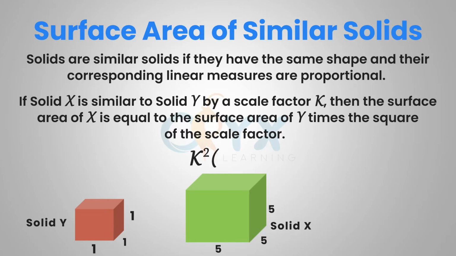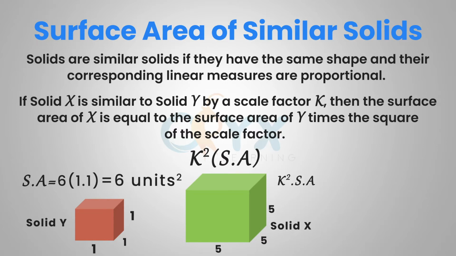So K squared times the surface area. The surface area of solid Y is 6 times 1 times 1, or 6 units. K squared times the surface area would be 5 squared times 6, or 150 units.